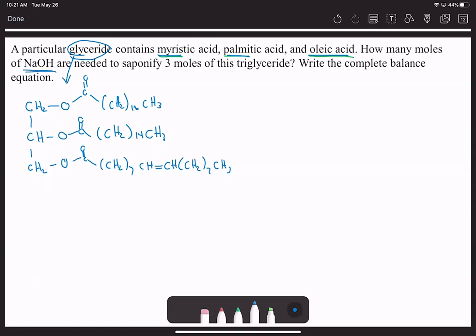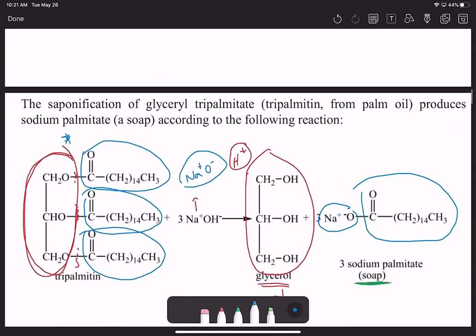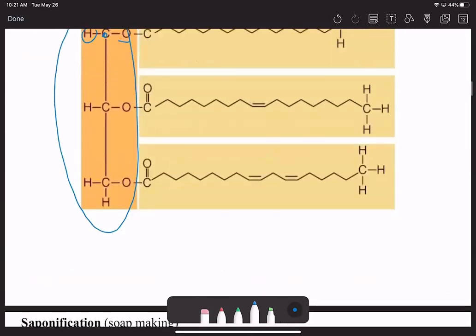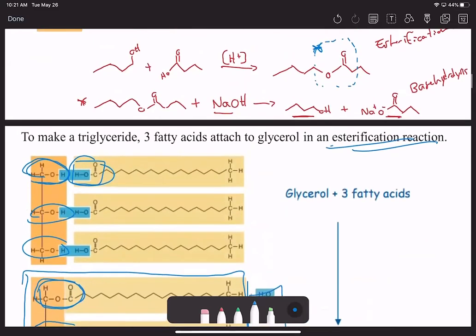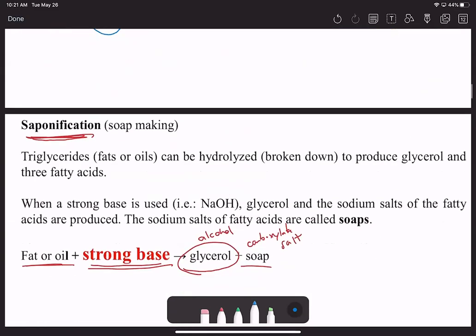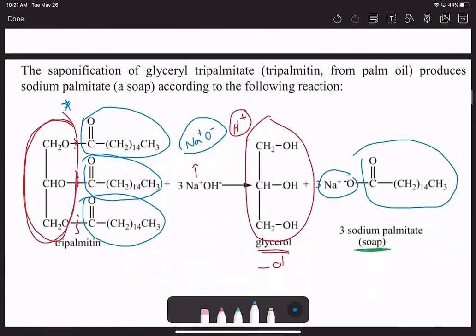Now it's telling me that I'm going to add some sodium hydroxide to that. So I've added my sodium hydroxide for base hydrolysis, for saponification, 1 sodium for 1 salt. 3, because I had to break that bond 3 times.